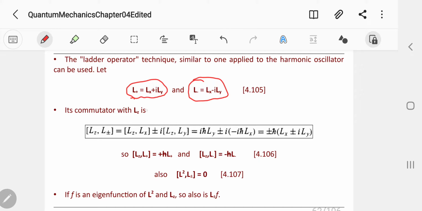We take the commutator of the raising and lowering operators with Lz. Let's take a look. We have this, and this one is equal to plus or minus h-bar times Lx plus or minus i Ly.